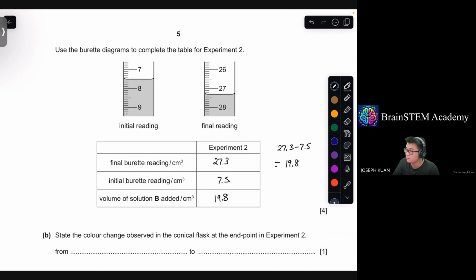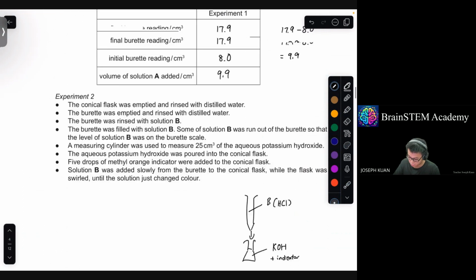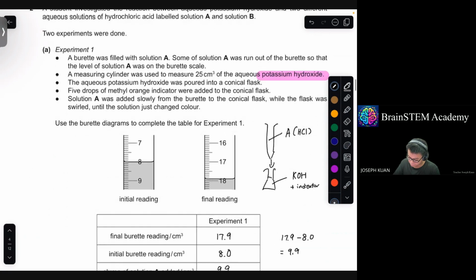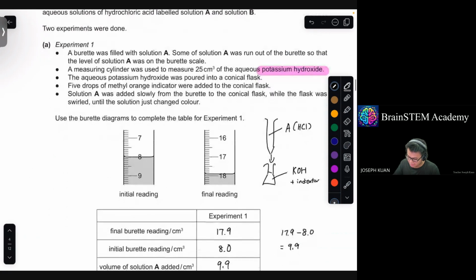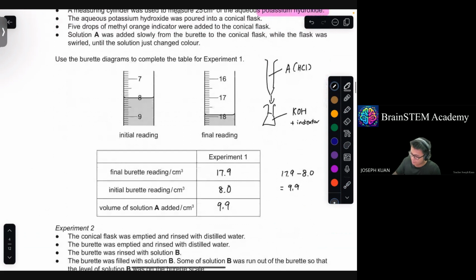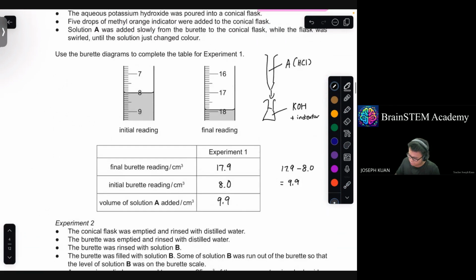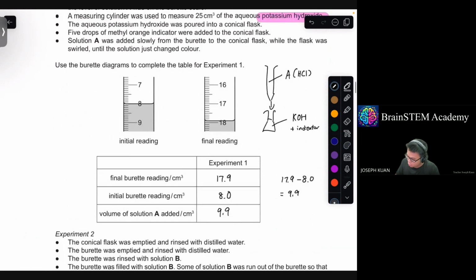State the color change observed in the conical flask at the endpoint in experiment 2. So methyl orange indicator, if you remember its color, right? The color of methyl orange in an alkali solution is actually yellow.